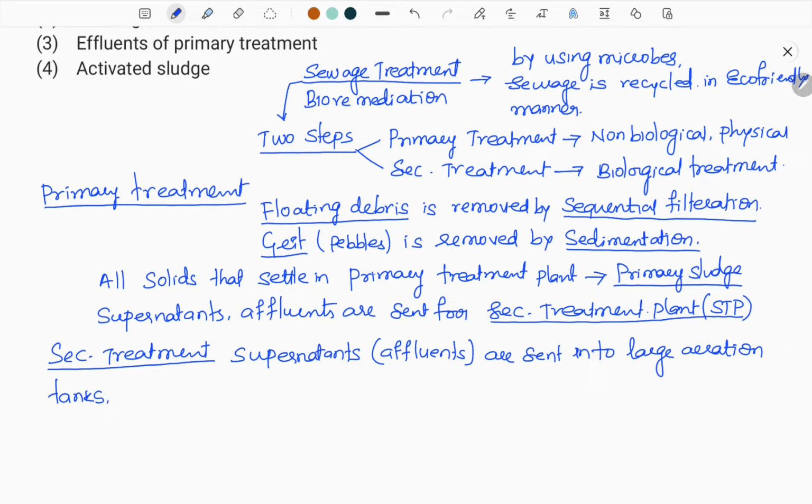What do we do in the large aeration tanks? Here, we constantly agitate mechanically, and we pump air into the tanks.